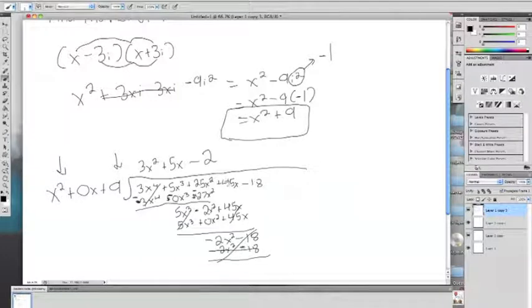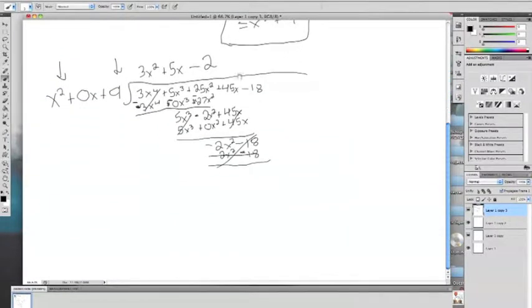Okay. So this is what you have now, and you can just use the quadratic formula to find the two solutions for this.